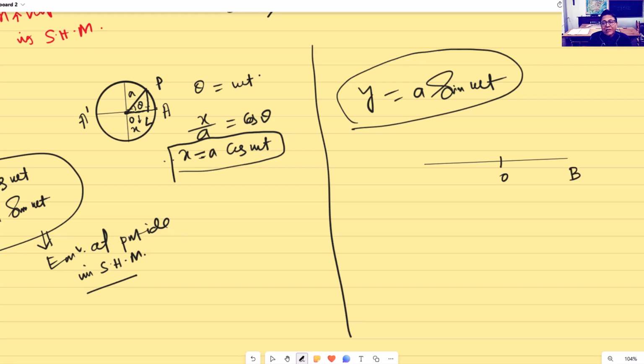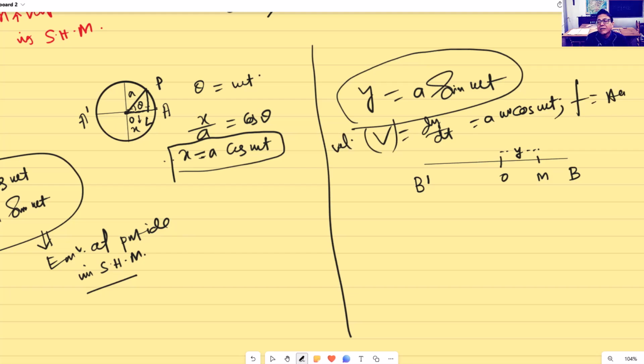This is B O B dash, just for symmetry we keep it here, particle at the point M after time t. This we have already taken, and we have taken y. We also have calculated velocity, that is dy by dt, which is given by A omega cos omega t, and acceleration, this is velocity.